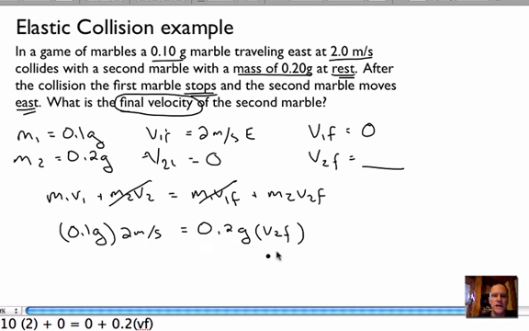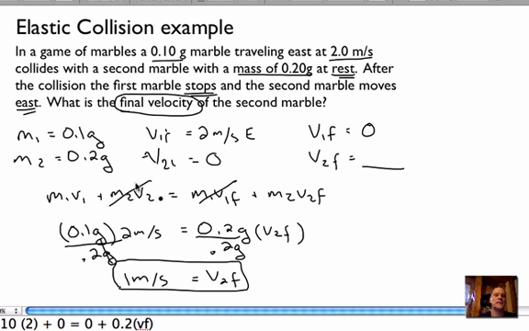The units will cancel out, and I'll be left with the velocity. So if we solve then for v2, we'll divide by 0.2 grams on both sides. We end up with grams canceling grams. That becomes 1/2 of 2, which is 1 meter per second. So that's the v2 final.